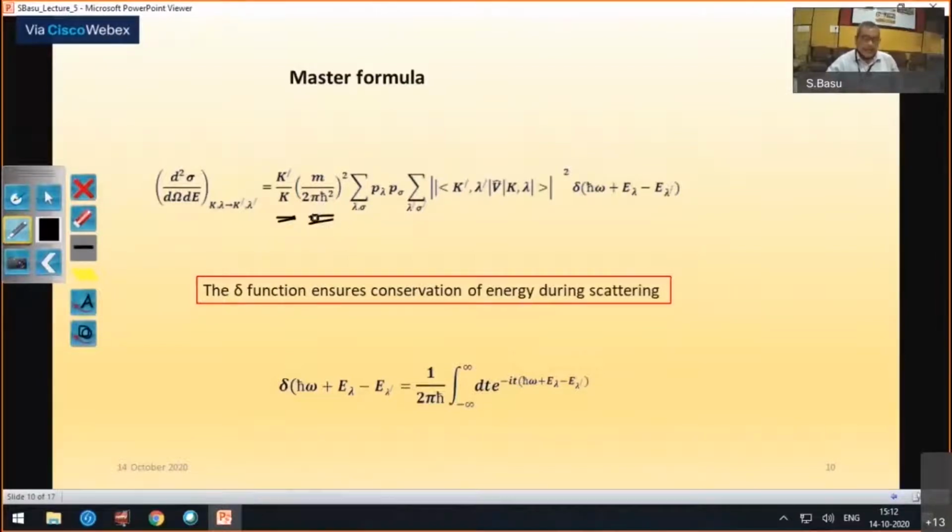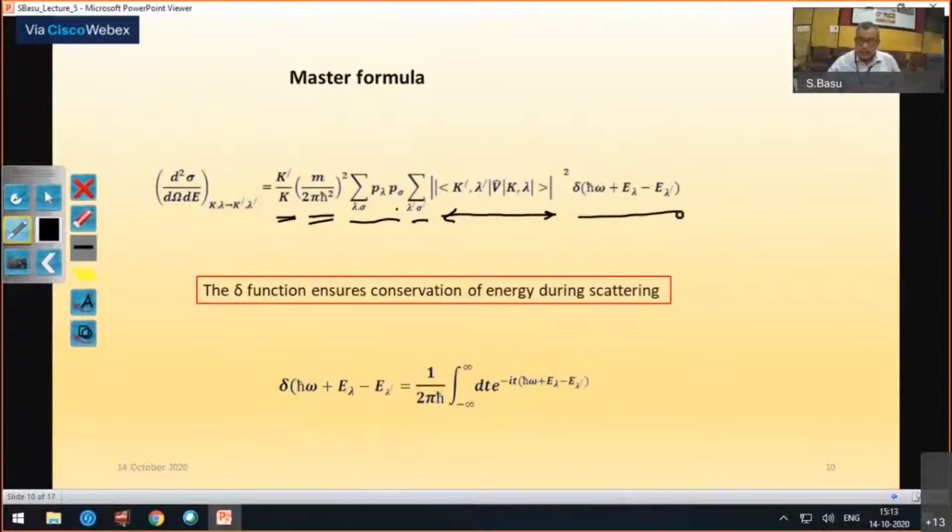This is a numerical factor to just cancel out, no problem. I have to add up over all probabilities for the initial state of the system and the neutron, and add up also over all the final possible states of the system and the neutrons, then the square term, what I showed you, and then the delta function.